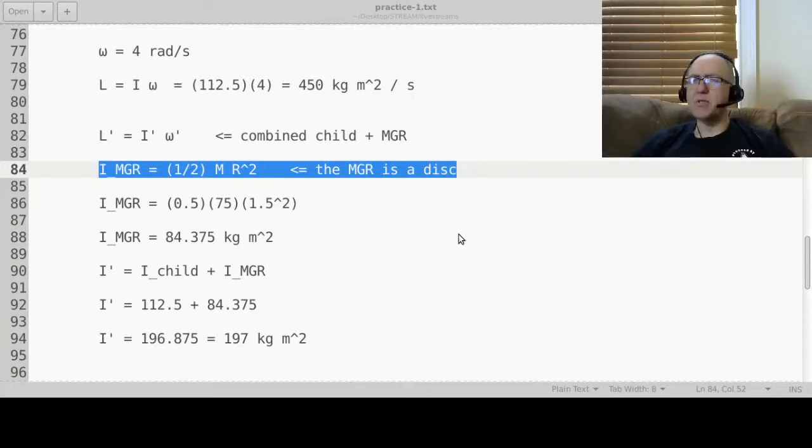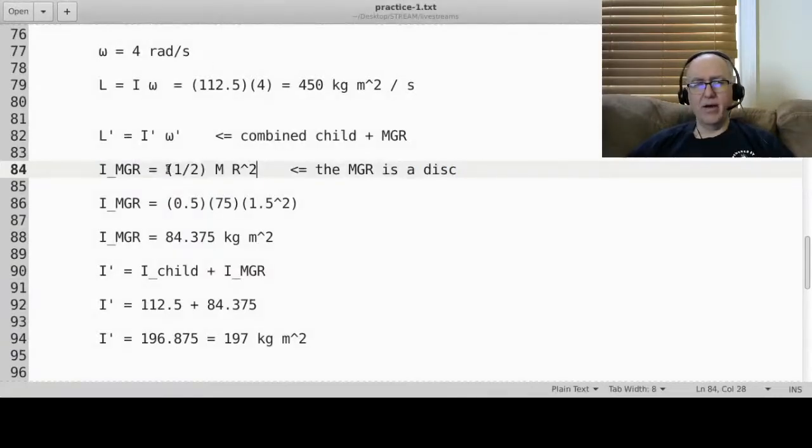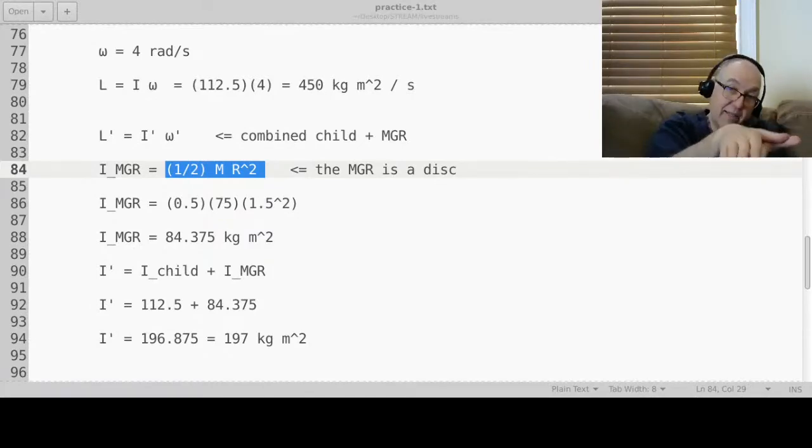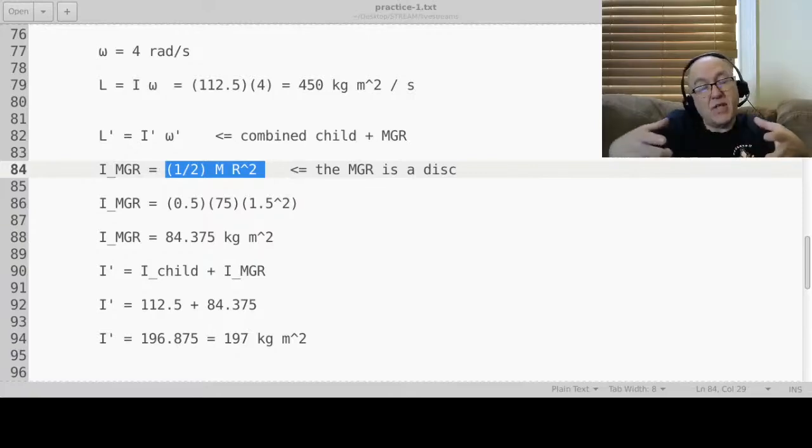It might seem strange, but we're going to use the same formula that we did for a soup can a minute ago. You say, well, a soup can doesn't look anything like a disc, but it does, because if you take the soup can and squish out the height, it's a disc. That's all that really matters, how far the masses are from the middle, from the axis, not how far along the axis. So it's the same formula for a disc or for a cylinder.